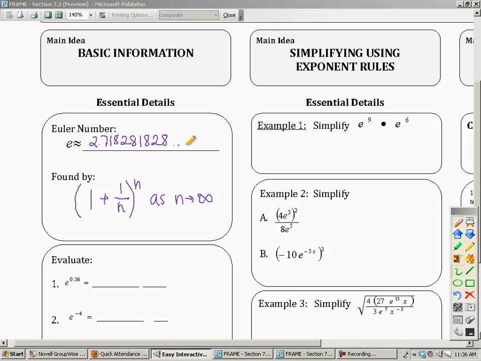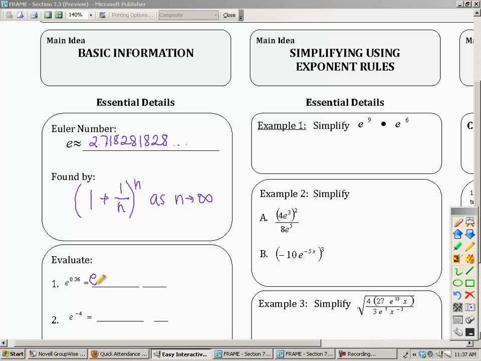We've asked you to use your calculators for the first part. I want you to find your E button. The one that I use is the division sign. Take a look at your graphing calculators and find your E button. What's E to the 0.36 power?